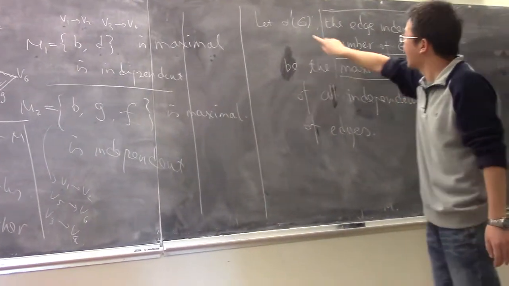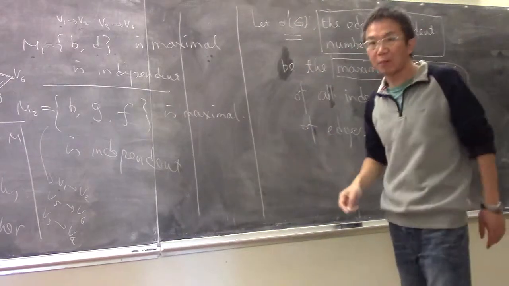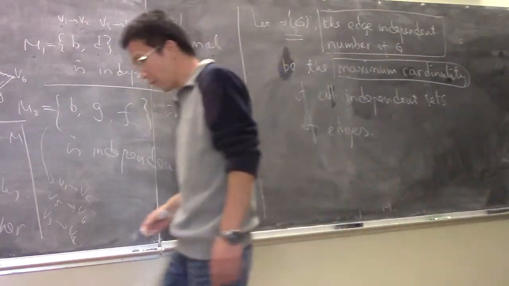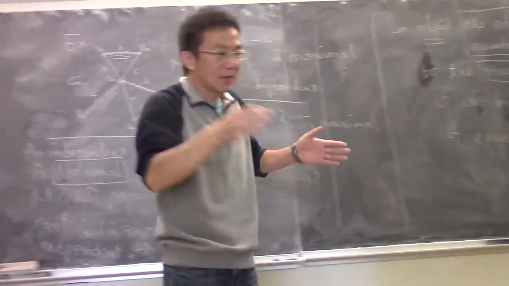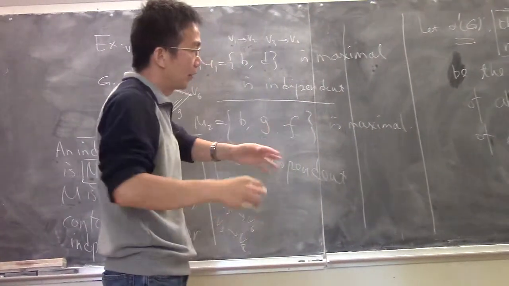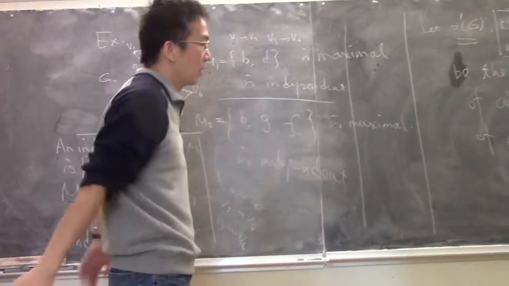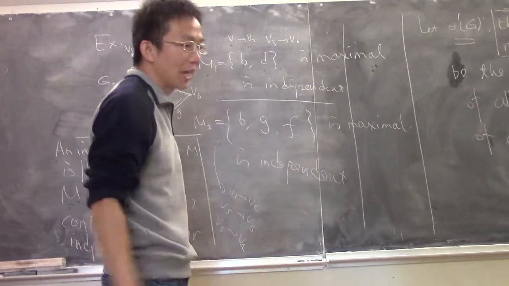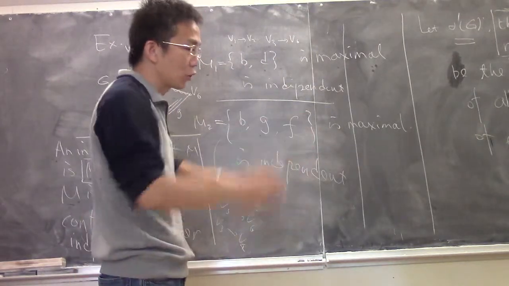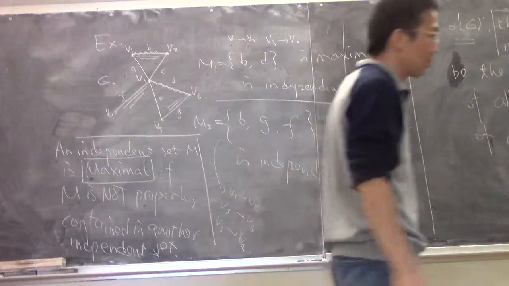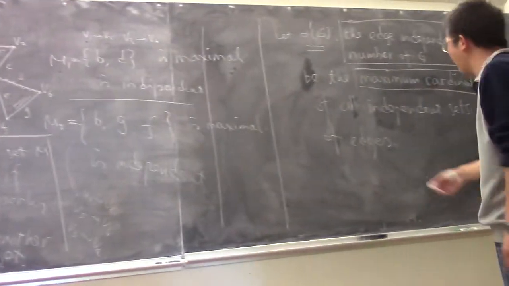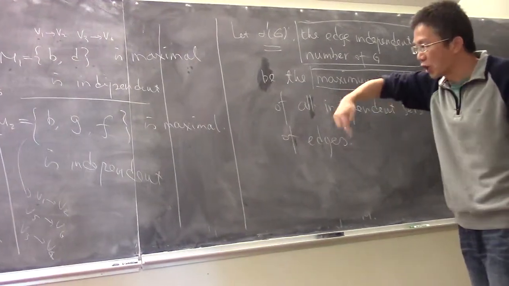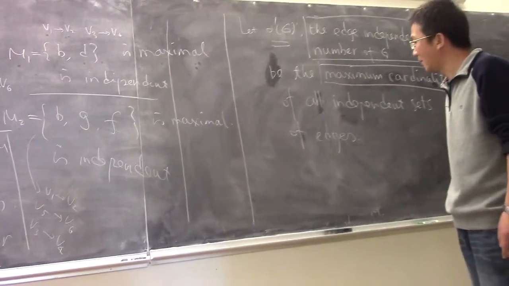The largest one is going to be alpha prime of G. This is the most number of edges you can find and still keep it an independent set.